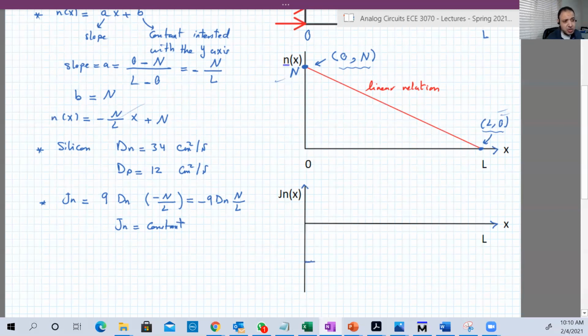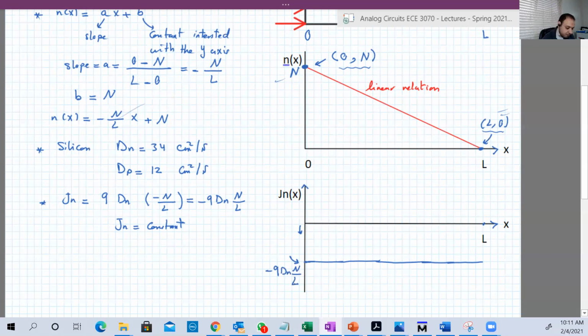It's just a sketch. So just choose any point under the x-axis to make it negative, and just draw a straight constant line from 0 to L. And what is the value here? The value is minus Q Dn n over L.